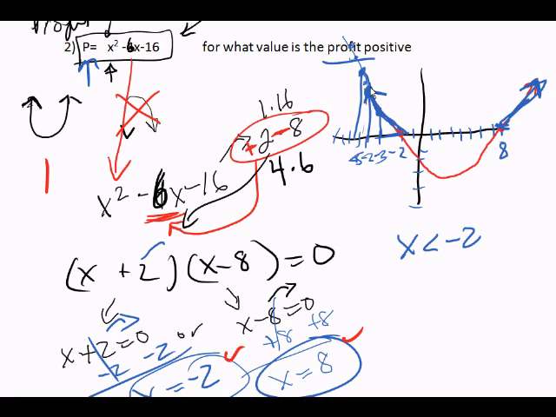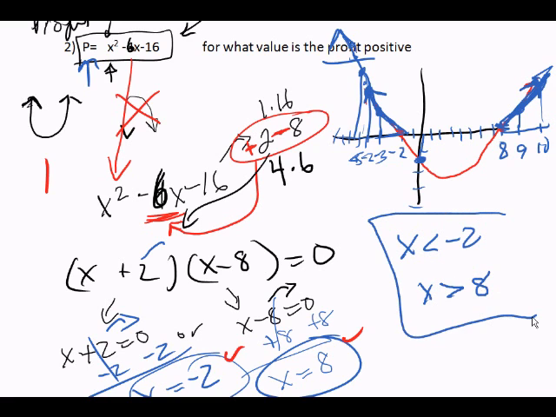Everything less than negative 2, negative 3, negative 4, negative 5, the graph is positive. At x equals 0, the graph is negative. On this side, at x equals 9 or 10, it's positive. x is less than negative 2 and x is greater than 8.